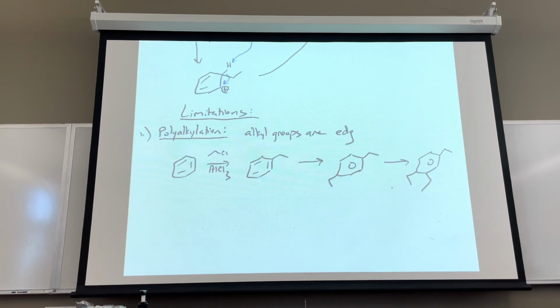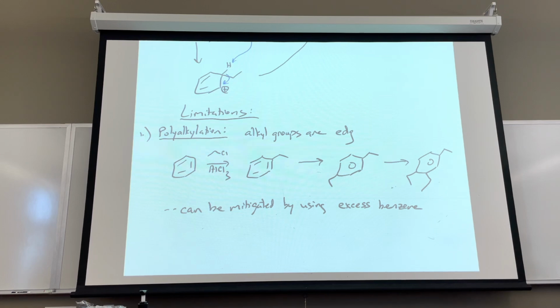Now you can get around this through playing around with stoichiometry. So if I use just a whole bunch of excess benzene, just statistics would override, where the likelihood of encountering an ethyl benzene versus a benzene is just, it's just going to encounter the benzene so much more often because there's so much more of it.